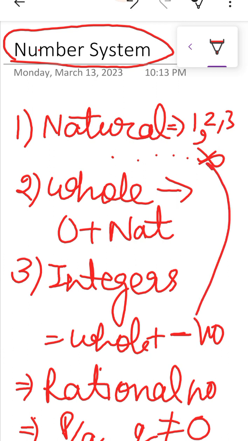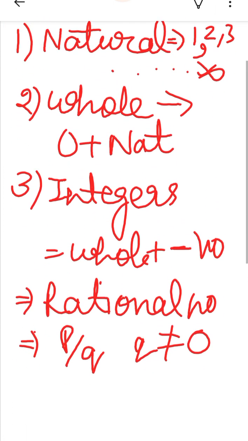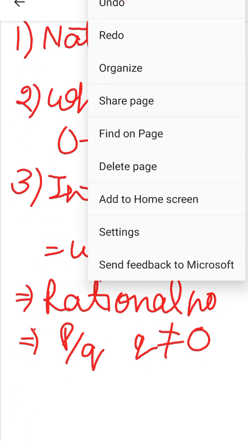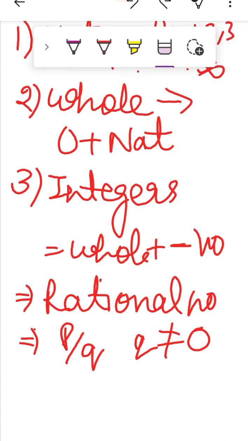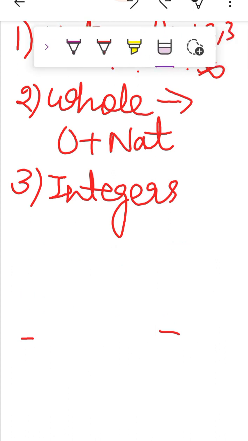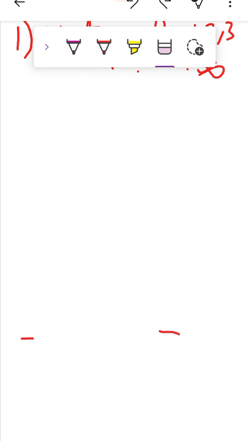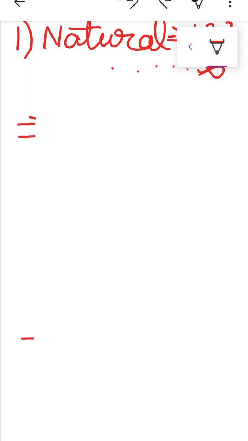For example, if we talk about 2, this is a rational number.